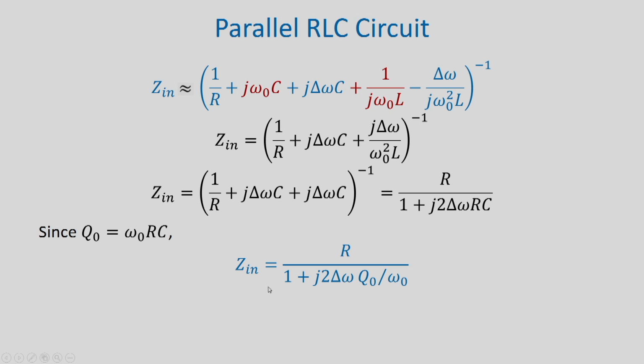So, this expression gives the input impedance of the parallel resonant circuit near its resonance, and you can see that this expression also includes Q naught, the unloaded Q factor, and also omega naught, the angular resonant frequency.